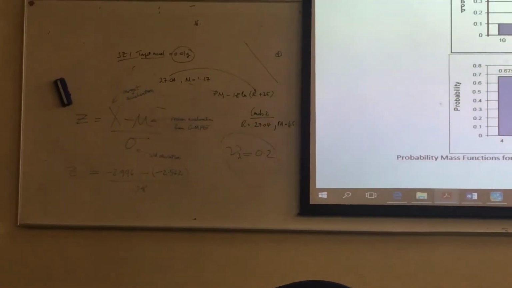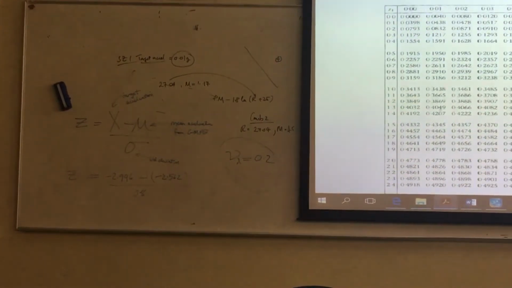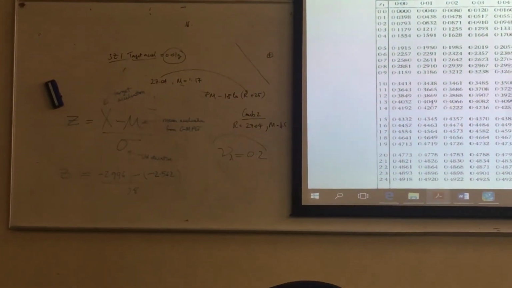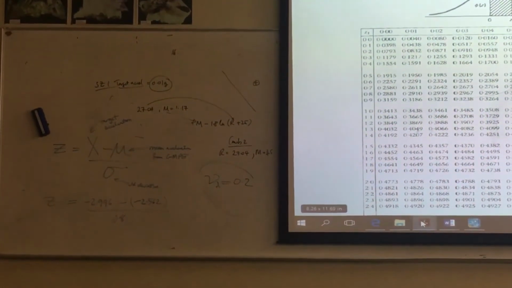I showed you last week those charts. You do it using these charts here, right? You can calculate that. An easy way to do it is probably to use Excel, which obviously I've done.